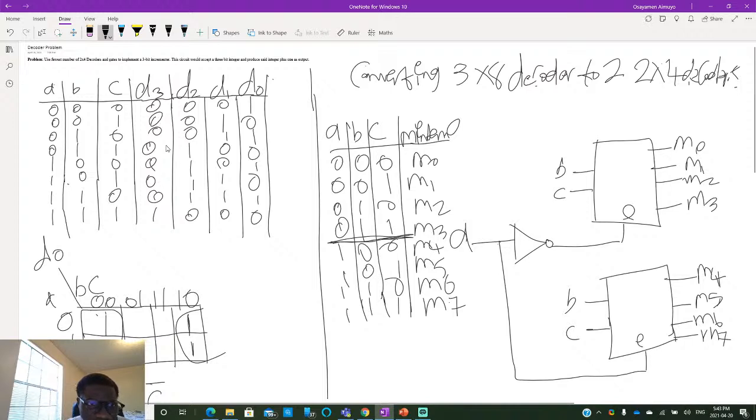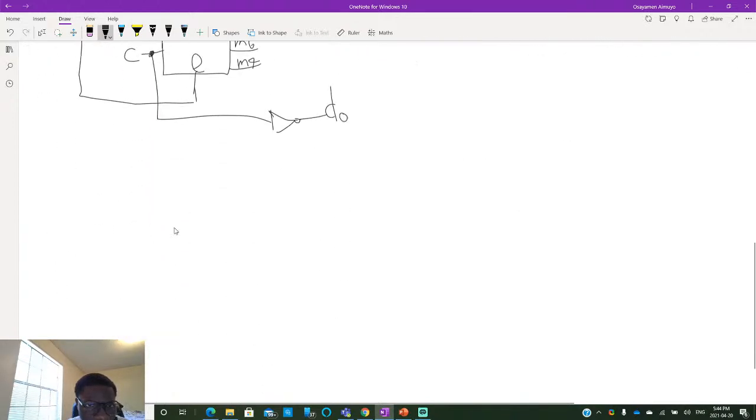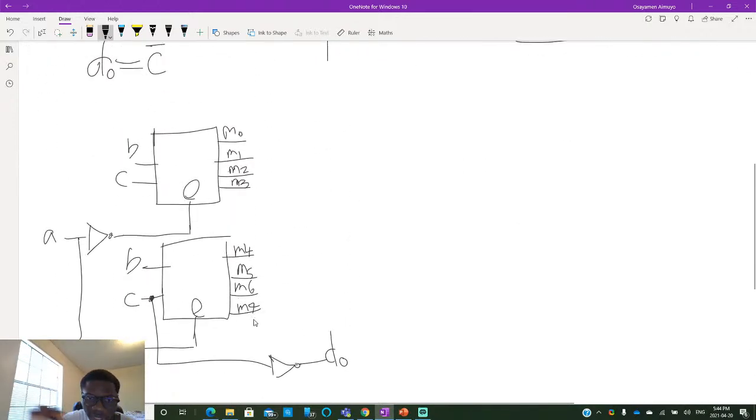Okay, so we know the most significant bits. All we need to do is pick M7. Here we have D3.